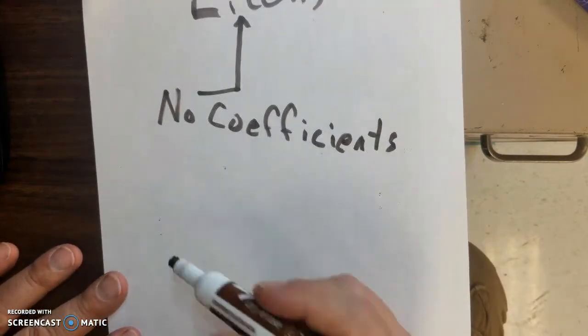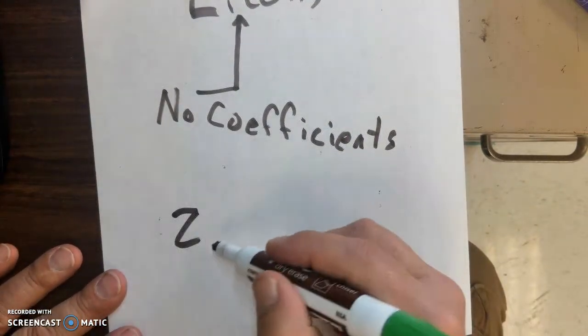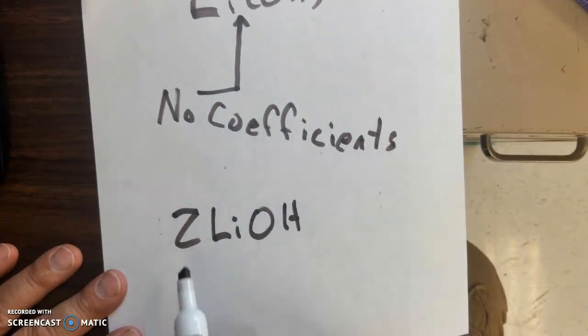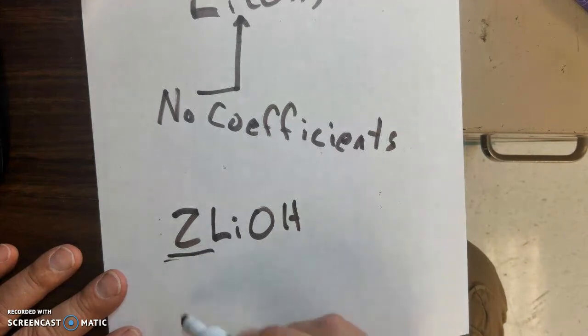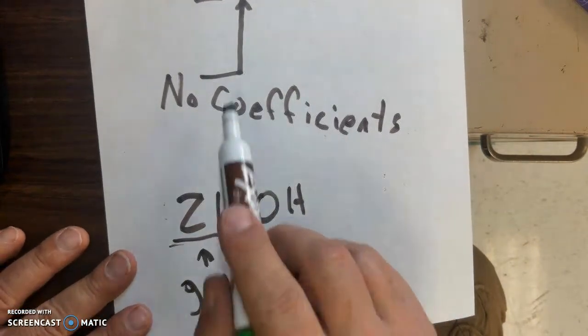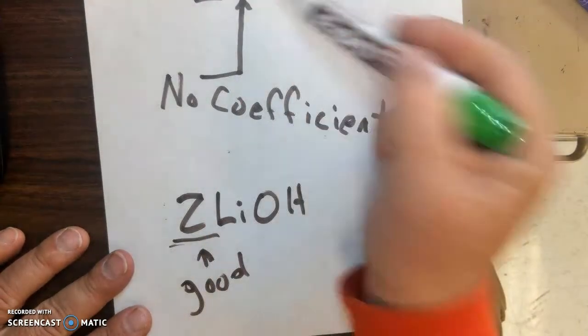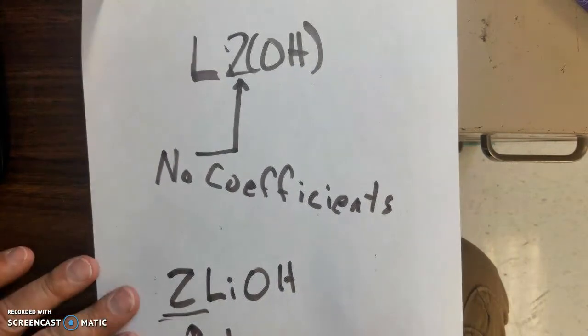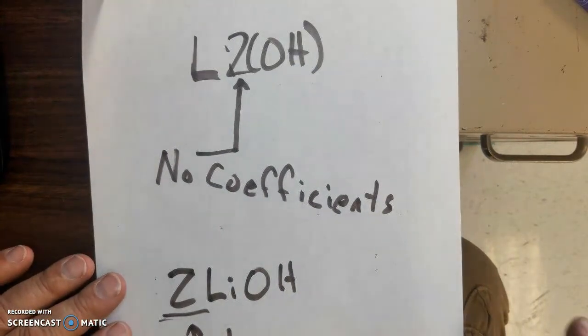The only place you could put it is at the beginning, like this. Okay, you can put a coefficient here, but you can't put it in the middle. You couldn't go putting a 2 here. All right? So don't go busting up molecules by putting a coefficient in the middle. That's a no-no. All right?